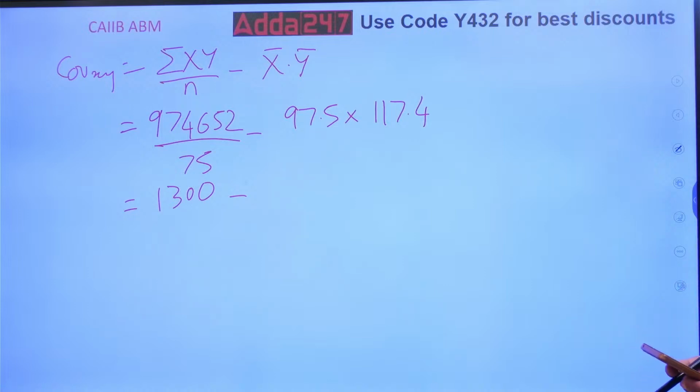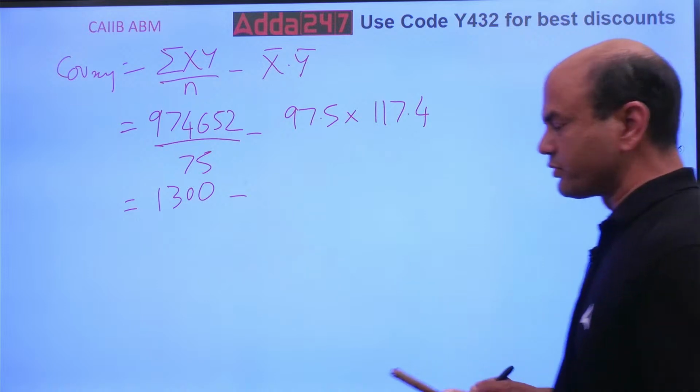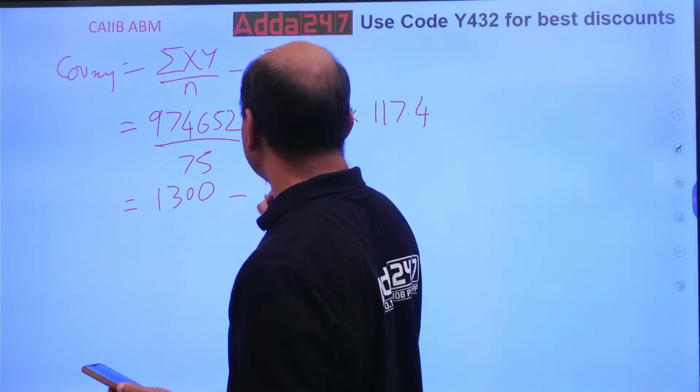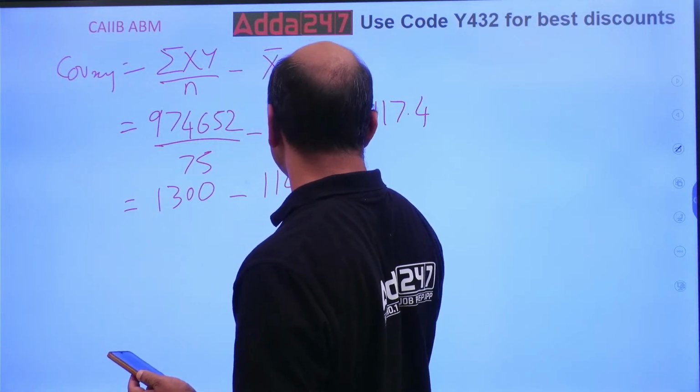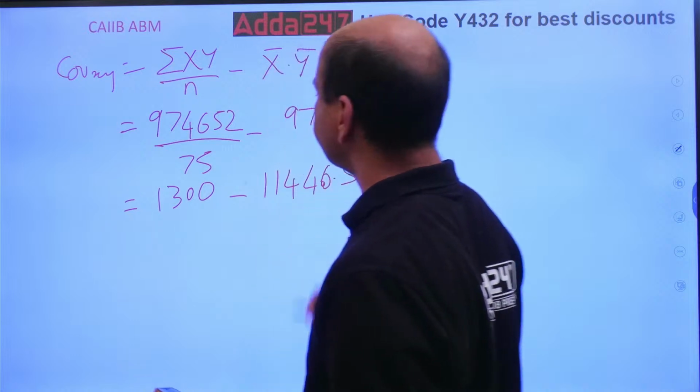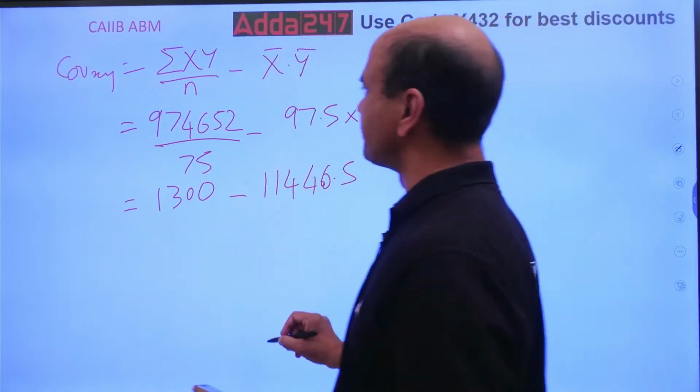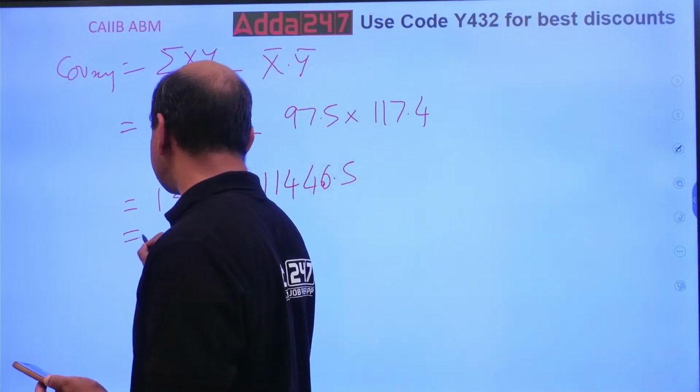97.5 into 117.4. So you are getting 11446.5. Okay. So what is the answer for this now? Subtraction. Find the covariance, subtraction.